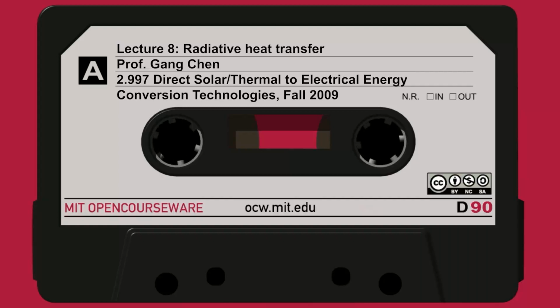If you integrate all the solar radiation here, the total radiation energy in the solar spectrum at AM 0, outside the atmosphere, is 1366 watts per meter squared.